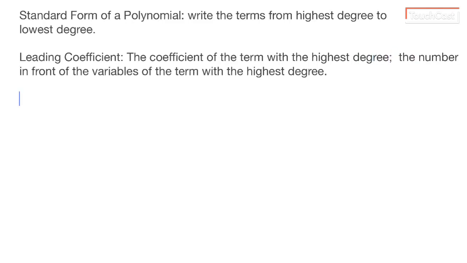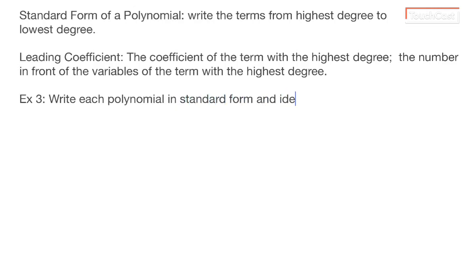So in example 3, we are going to write each polynomial in standard form and identify the leading coefficient.